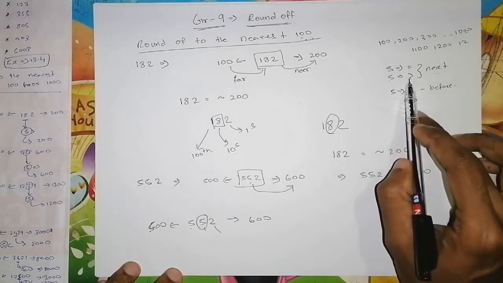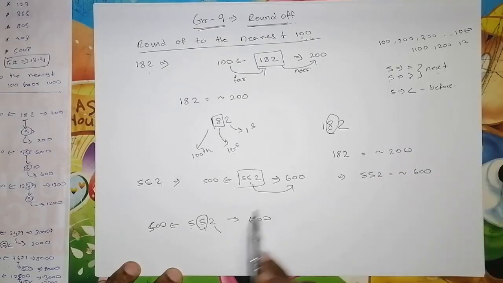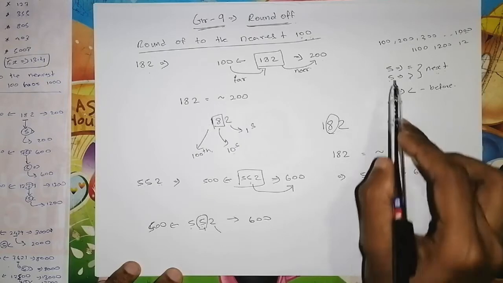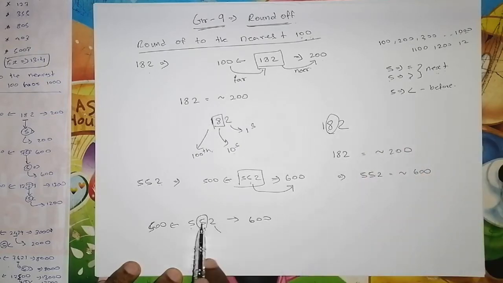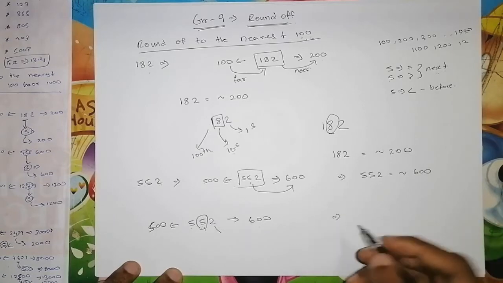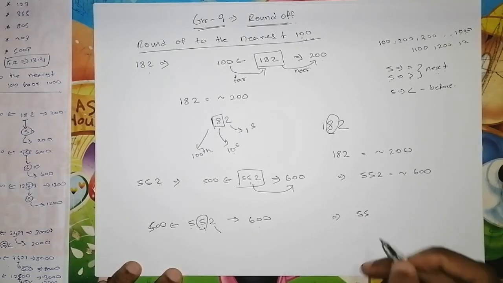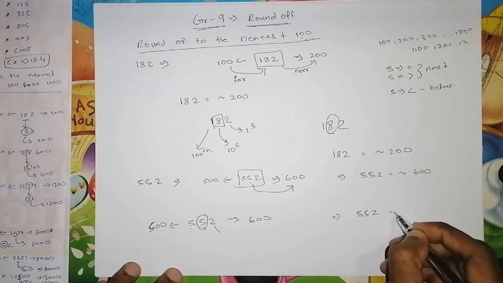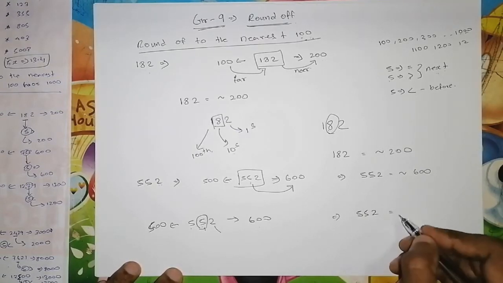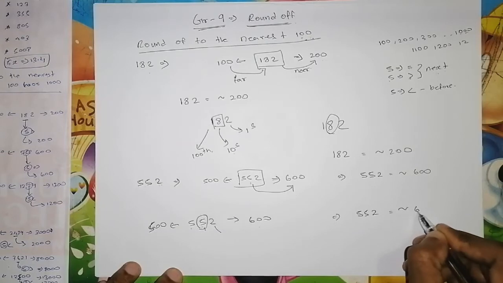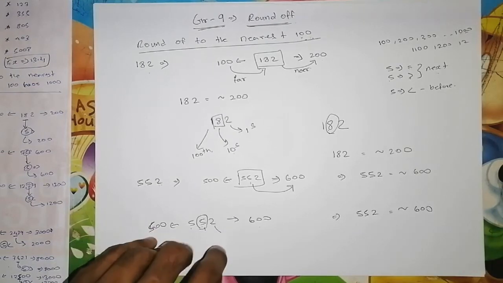If it is greater than or equal to 5, you should take the next value. Here the value is 5, equal to 5, so we have to take the next value, 600. That is our second method. You can use one of the methods. So approximately that is 600.